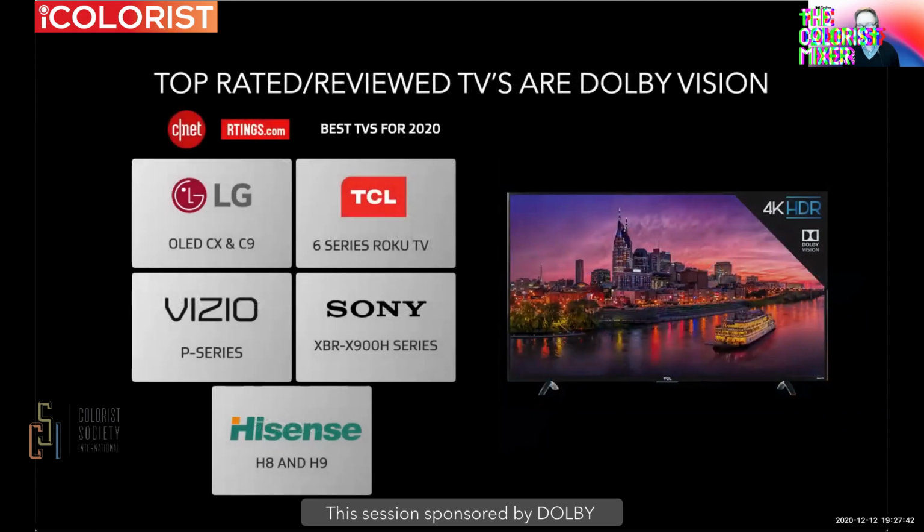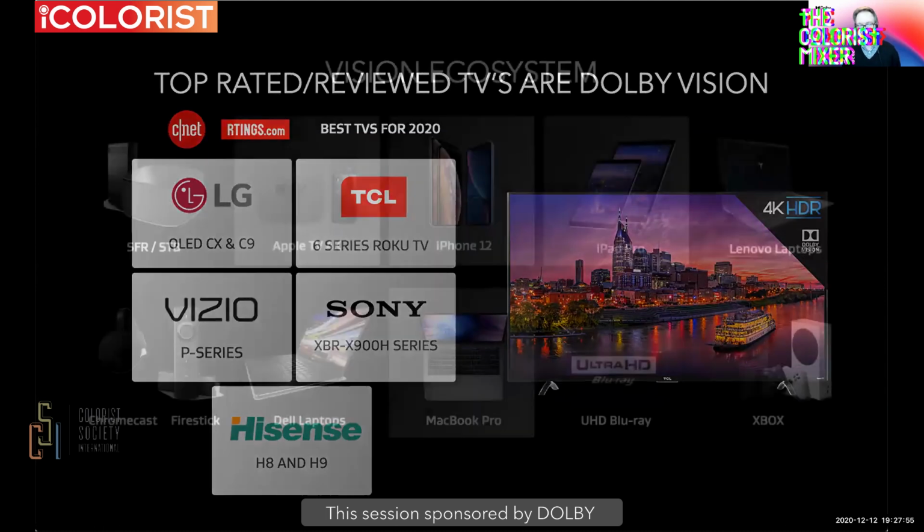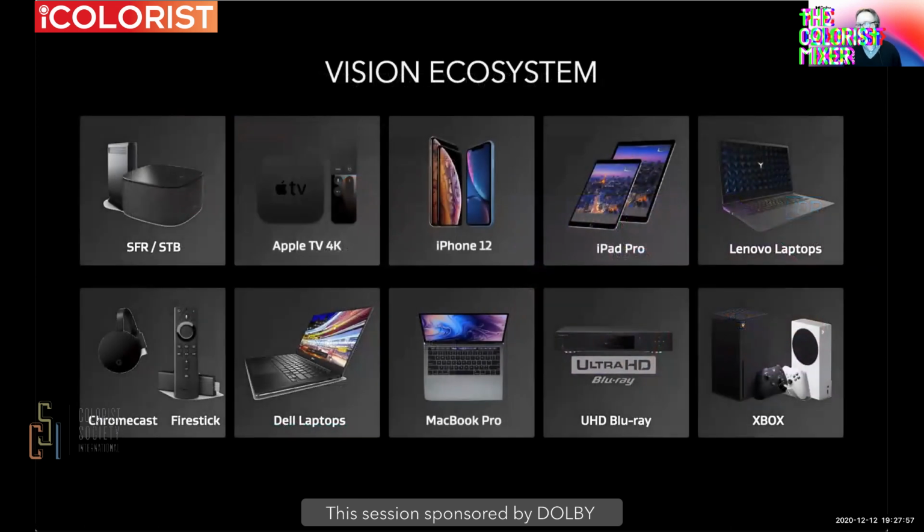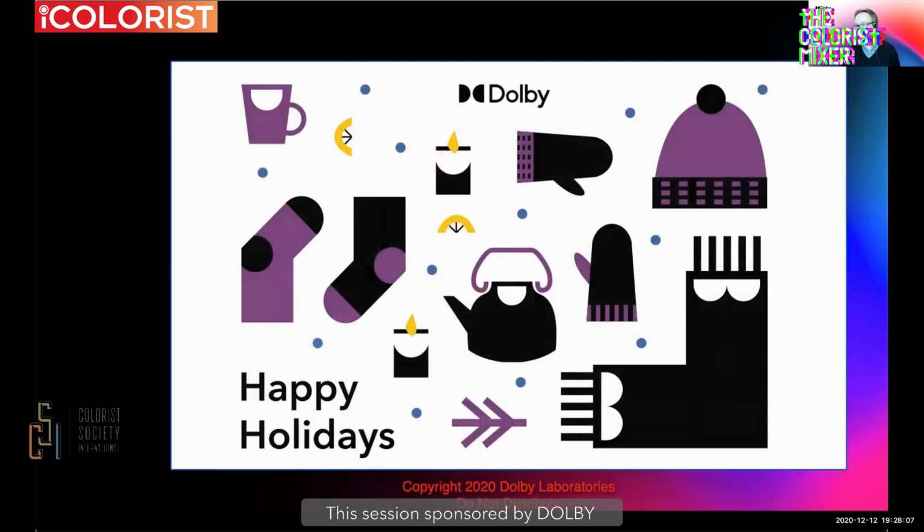Super excited about that. In terms of TVs and penetration there, all the top rated TVs on ratings.com and CNET are Dolby Vision TVs from all different price ranges. We're now over 500 million devices out there in the market, everything from laptops to Blu-ray players to iPads to iPhones, etc. So happy holidays from Dolby.